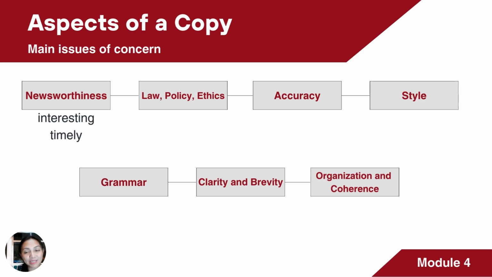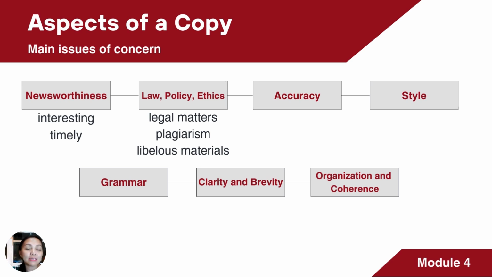Now, law, policy, and ethics are the matters that should legally not be made public? The copy editor should check on that. Are there any ideas that were raised from different sources which can lead to plagiarism?